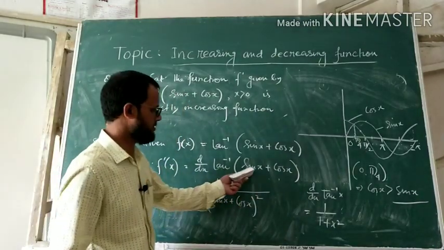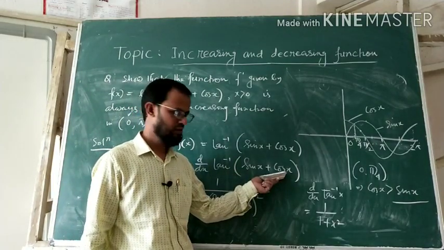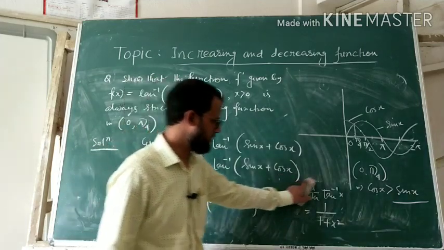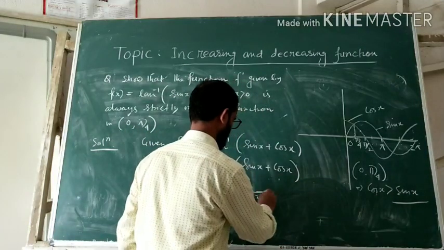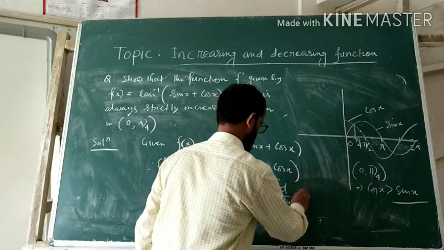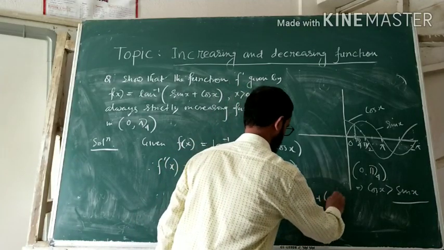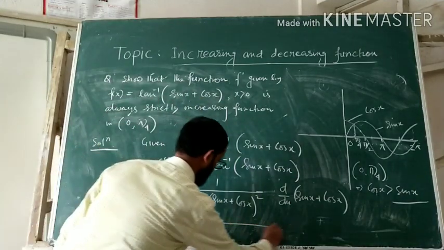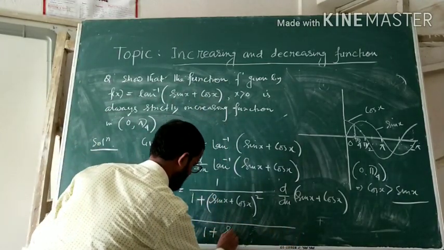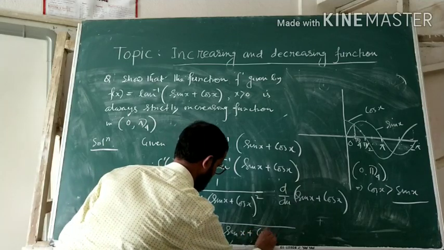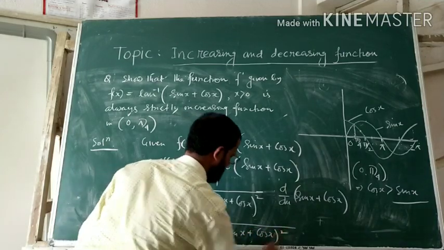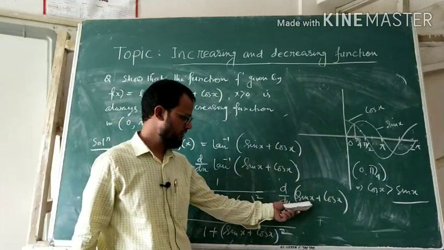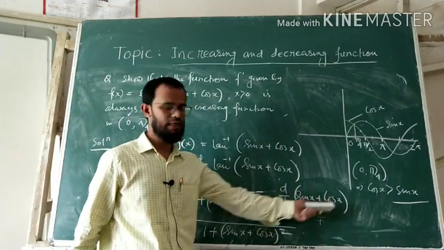But since sin x + cos x is other than x, we again take the derivative of sin x + cos x with respect to x using the chain rule. The denominator remains the same, 1 plus (sin x + cos x) squared, and d/dx of sin x is cos x, and d/dx of cos x is minus sin x.